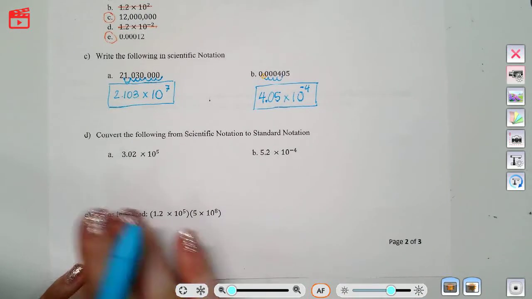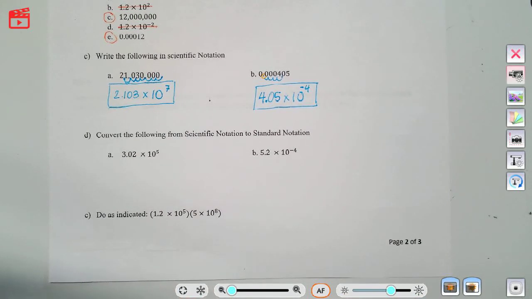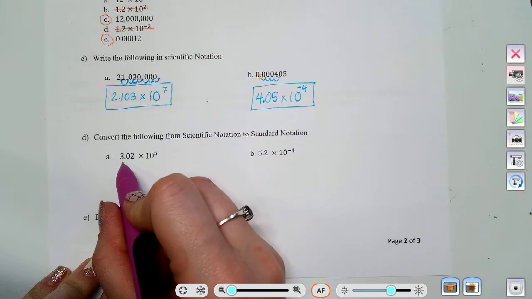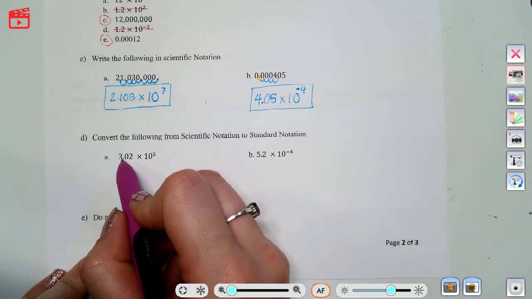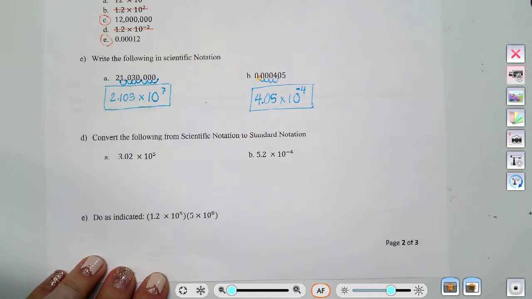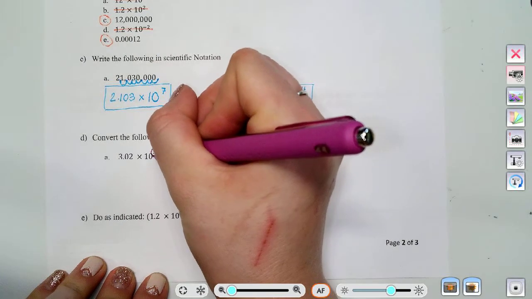All right, so for part D, we're going to do the exact opposite. We're given scientific notation and we're asked to return it to standard notation. First thing I need to figure out is which direction to move my decimal. Am I going to move it to the left or to the right? To figure out which one, you take a look at the exponent.